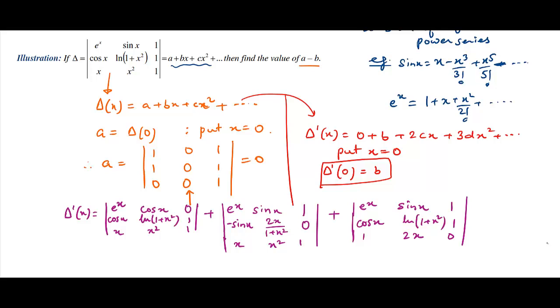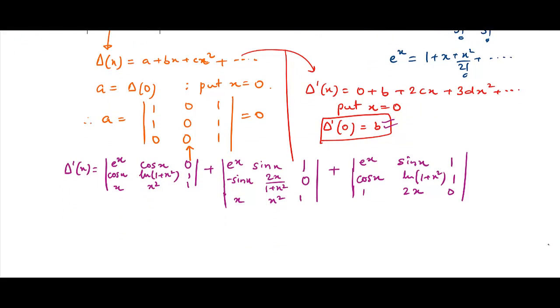All right, and now the value of b was delta dash 0, so this is the value of delta dash x. Delta dash 0 therefore becomes, we put x equal to 0, so I get 1, cos 0 is 1, 0; 1, 0, 1; 0, 0, 1.